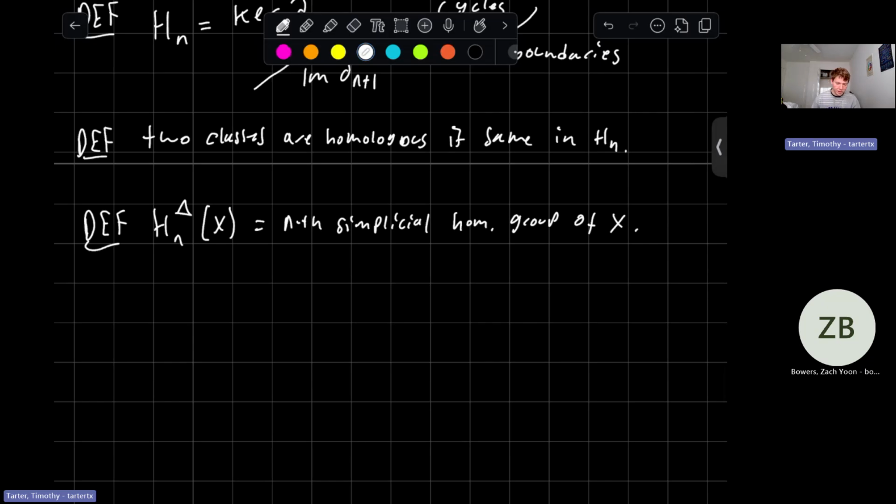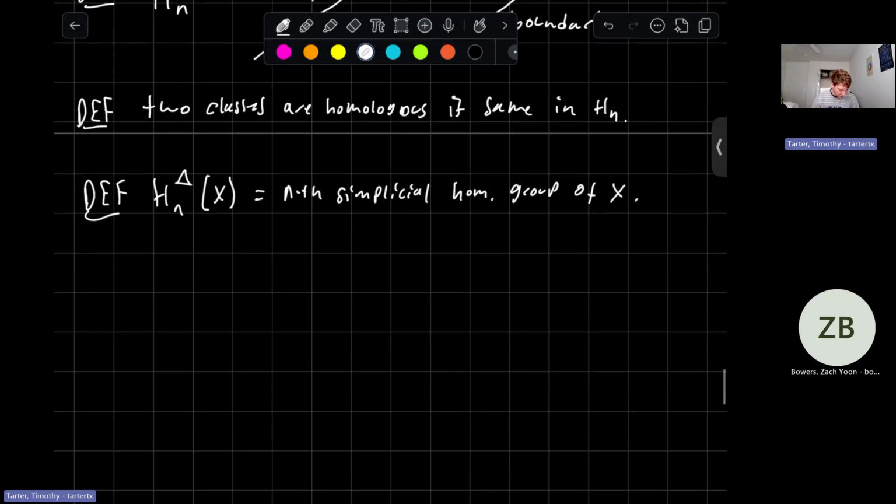And then we will move on next time to singular homology, which is the much more interesting example, and gets us into the weeds of things with homological algebra.